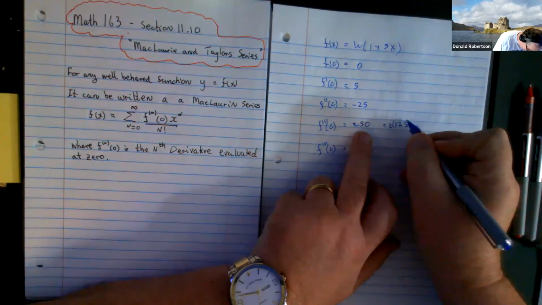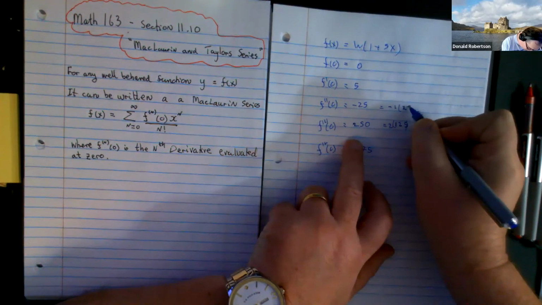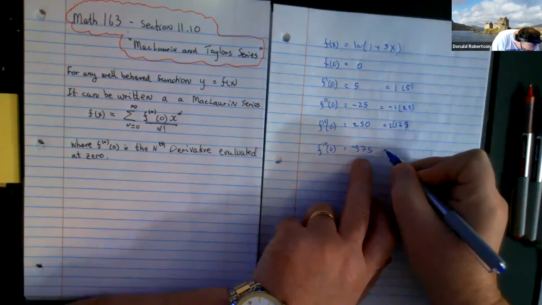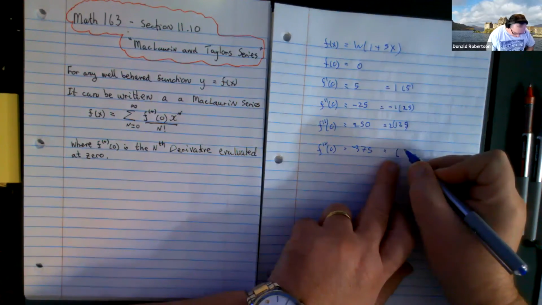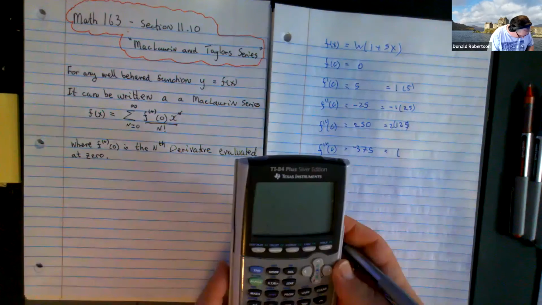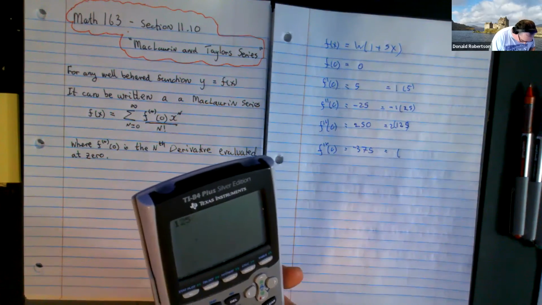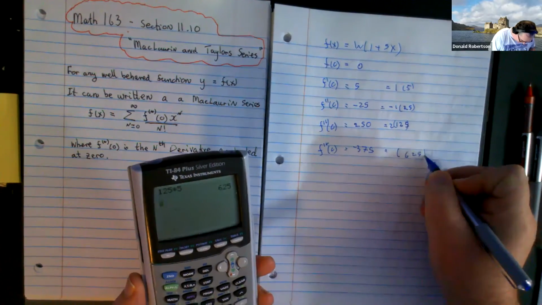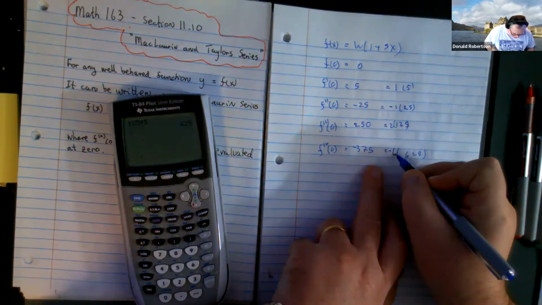Let me call this guy negative 1 times 25. Let me call this 1 times 5. Yeah, that's going to work much better. And let's do the next one. What would the next one be? 125. There.